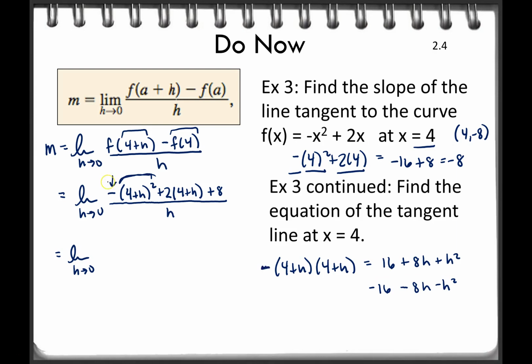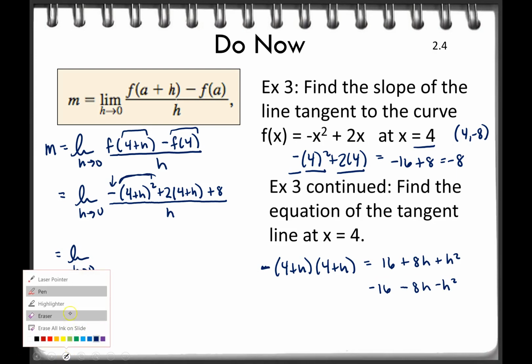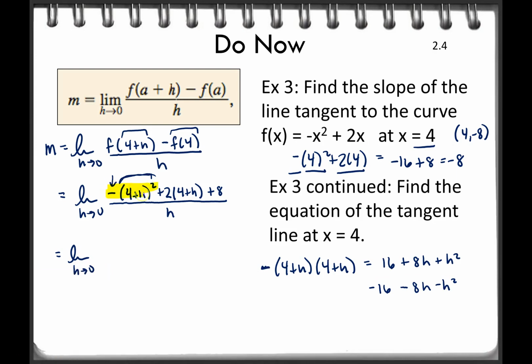So that whole thing, let me just highlight that so you can see what I'm talking about. This whole thing right here is going to become a negative 16 minus 8h minus h squared. Then let's do the distributive property. That's going to be a plus 8 and then plus 2h. And now I've got my plus 8.